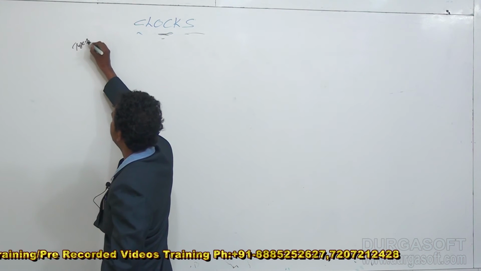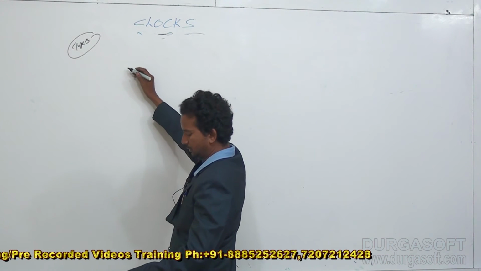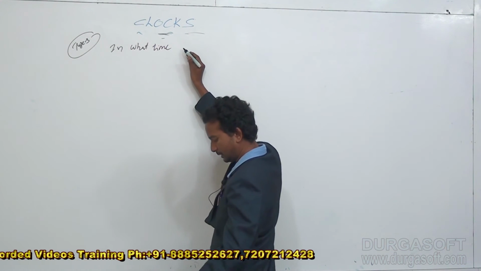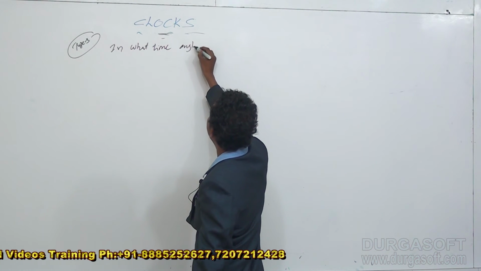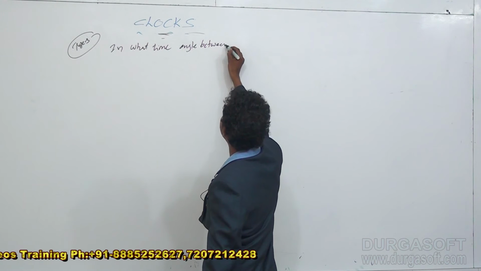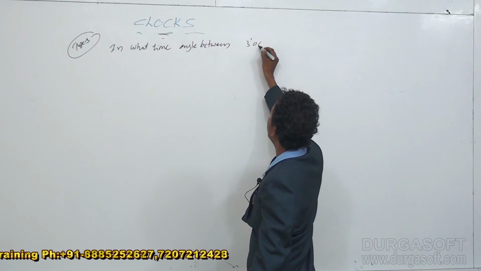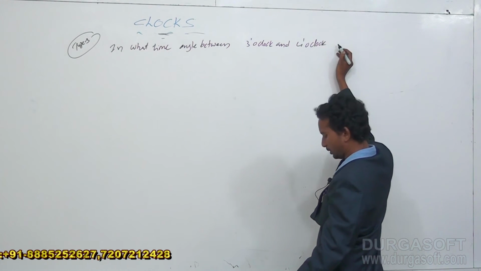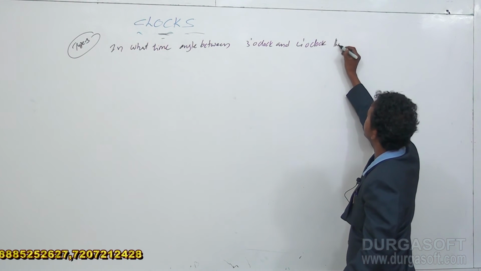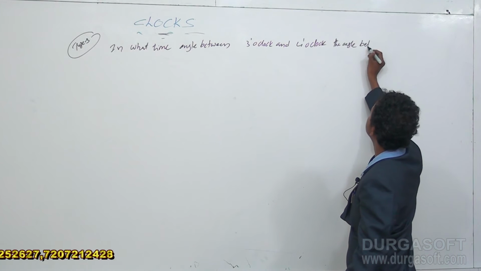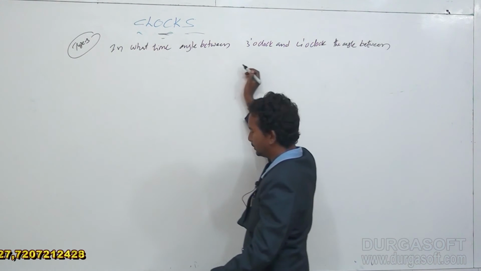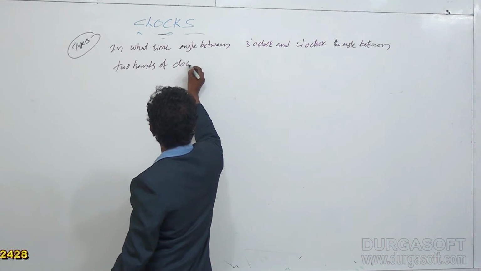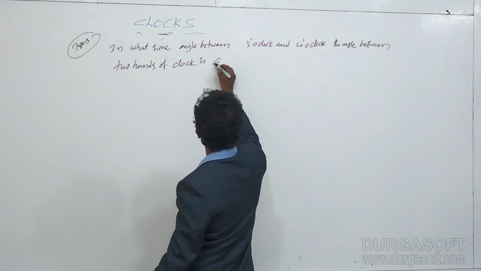Type 3: at what time between 3 o'clock and 4 o'clock is the angle between the two hands of a clock 60 degrees?